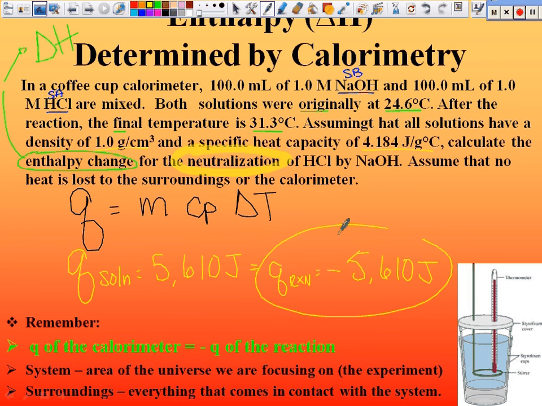I guess the final answer would be delta H of the neutralization is negative 5.61 kilojoules per what? Per mole of reaction.